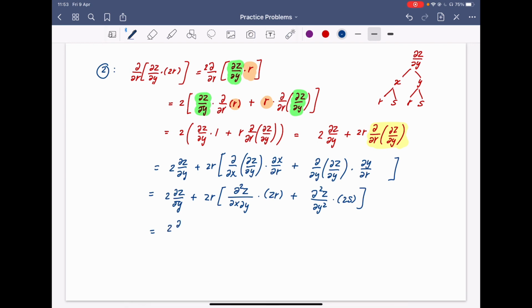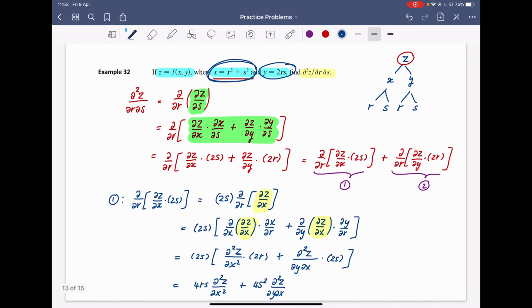All right, now let's simplify a little bit more. So you get that, and then 4R squared curl square C by curl x curl y, and then plus 4Rs curl square C by curl y squared. All right, that is the clean form of number 2.